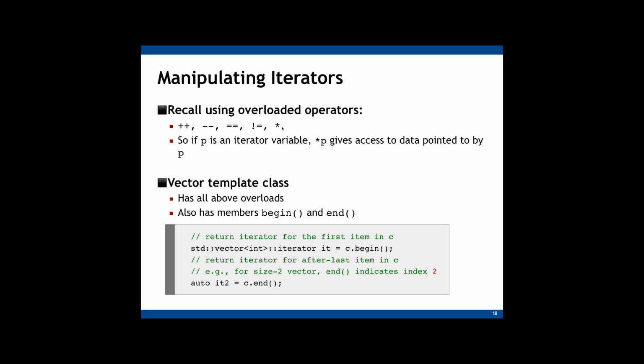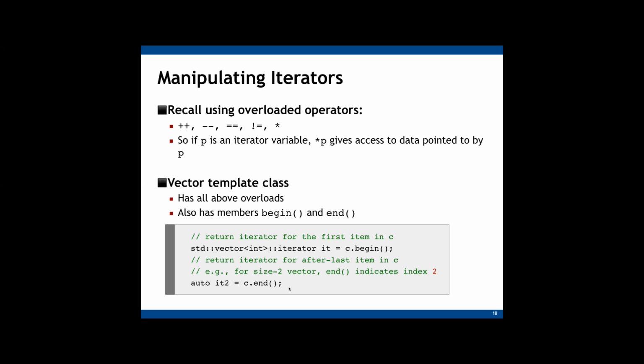So vector that we learned in the previous sessions is a container class in STL. Vector class's iterator has overloaded all these operators. And vector class also has member functions begin and end, shown here.